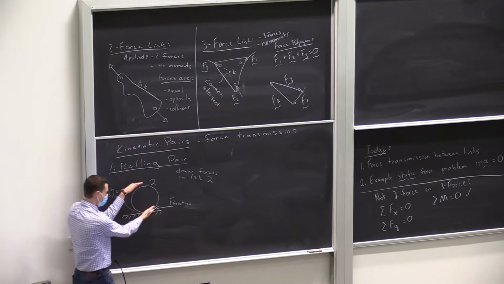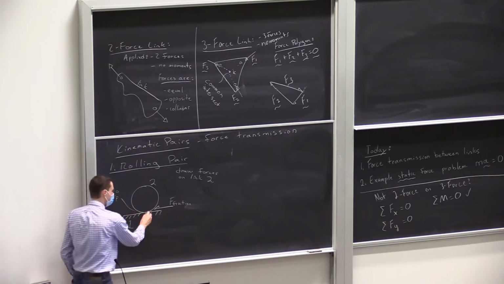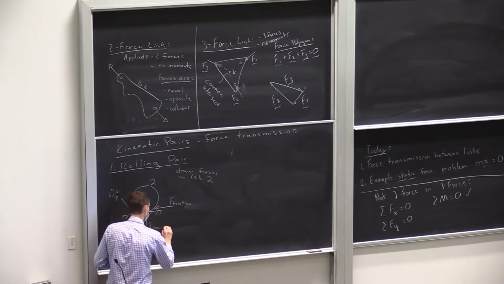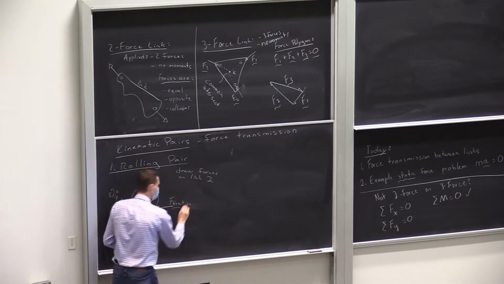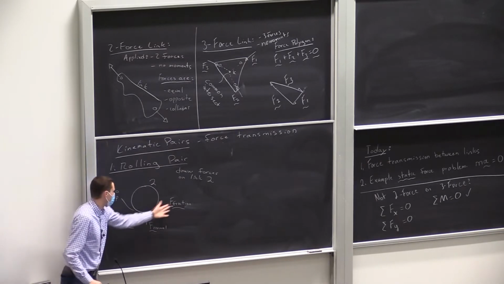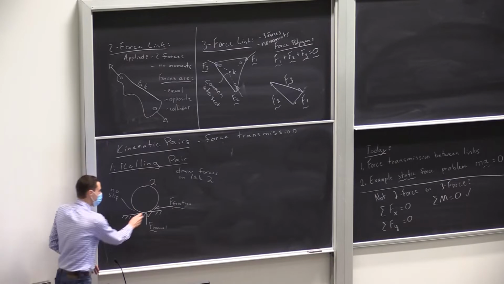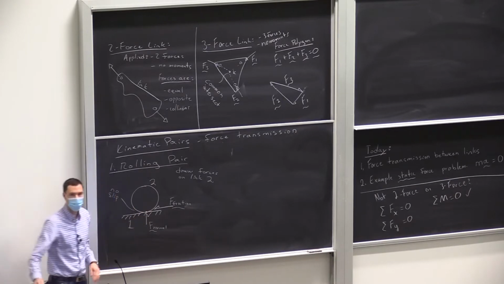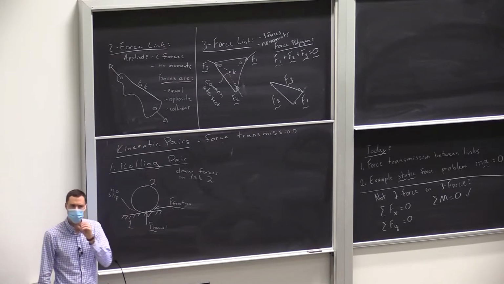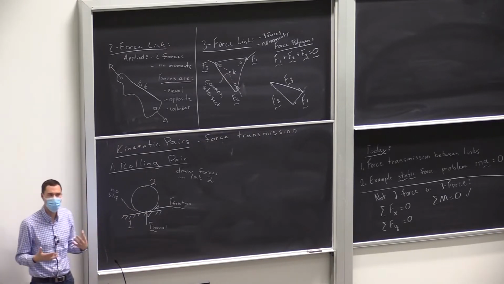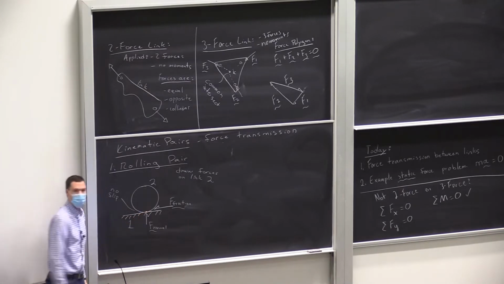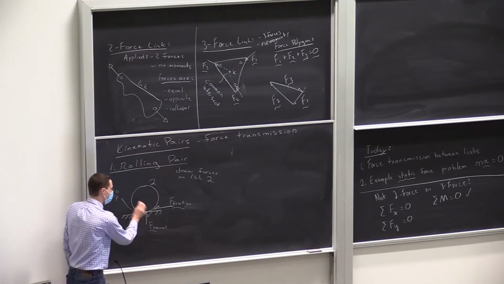And to keep the link 2 from going down into the ground, there's a normal force. Okay, and those are perpendicular to each other. So this is a way we can think about the interaction between those two links, and they're applied right at the contact. Right? And for rolling, there's only a single contact point. So that's why this is actually maybe the easiest kinematic pair to think about from force transmission, because you know right where the force is going to be applied. It's right at that contact point.